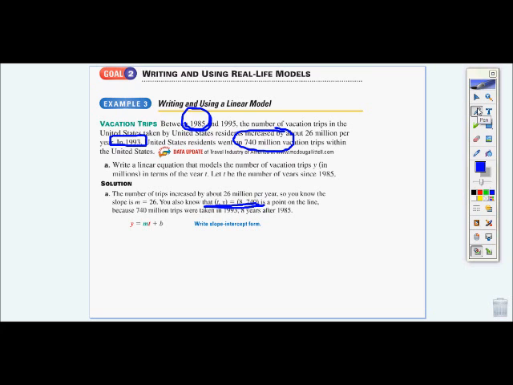We're going to put in y, which is 740, and 740 equals the rate, which we said was 26, times the time, which is 8 years, or our x coordinate point, plus b.